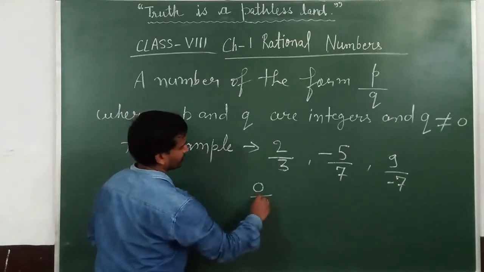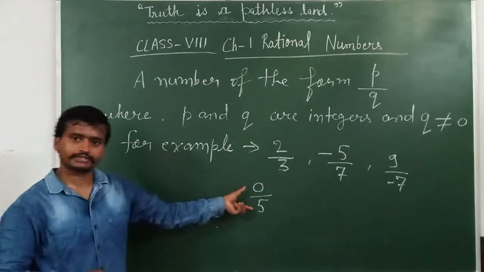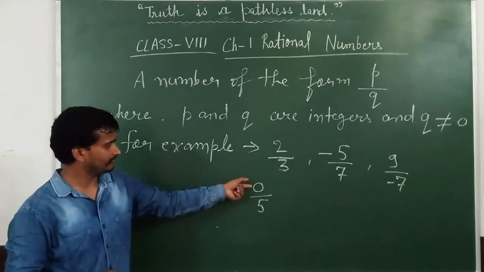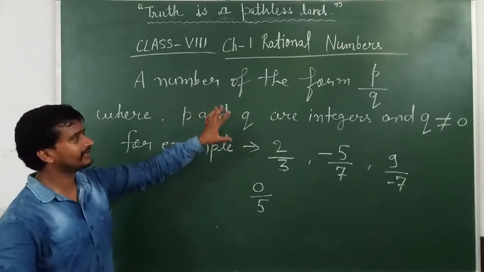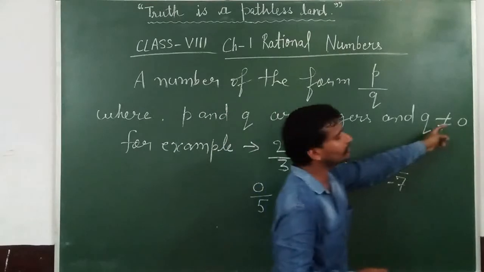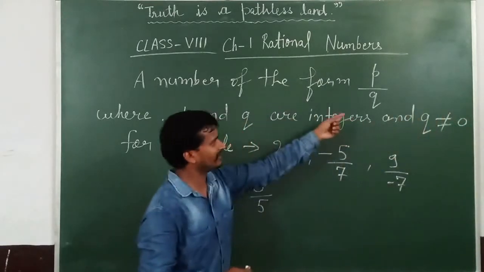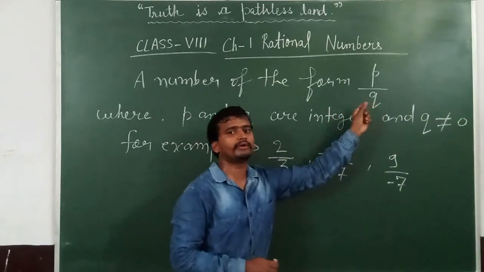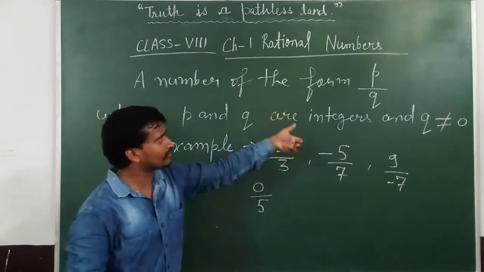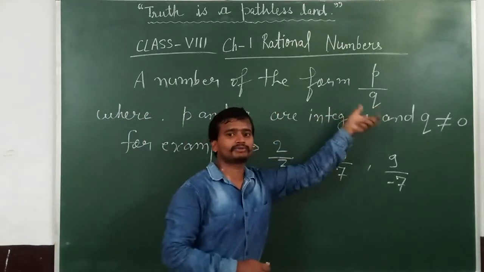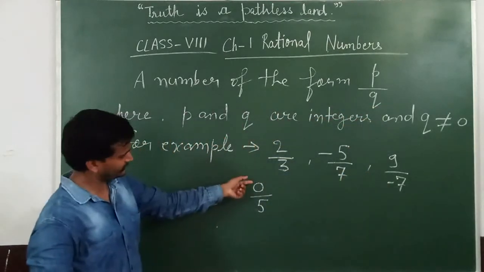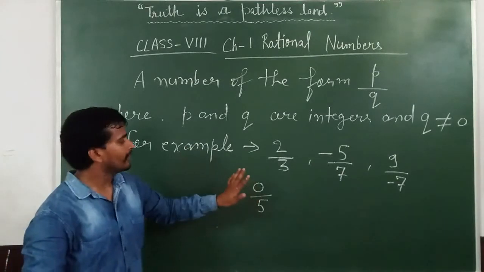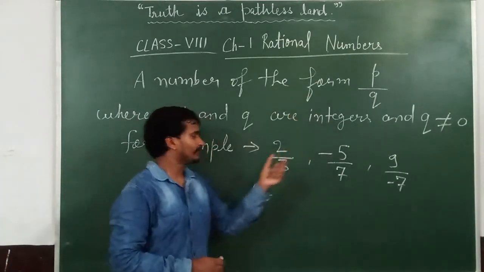0 upon 5. It is also a rational number because the necessary condition is that Q not equal to 0. Because if Q equals 0, then we get division by 0, which is not defined. So 0 upon 5 is also a rational number.